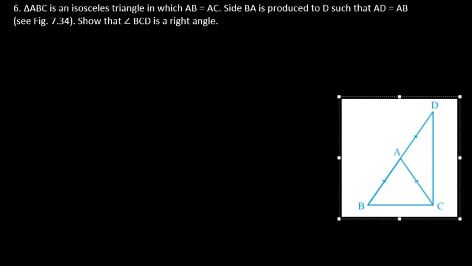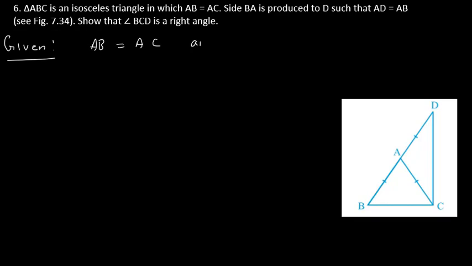We have to show that angle BCD is right angle. We have to show that angle BCD is 90 degree. Okay. So again start with given. Now it is given that AB equal to AC and AD equal to AB.